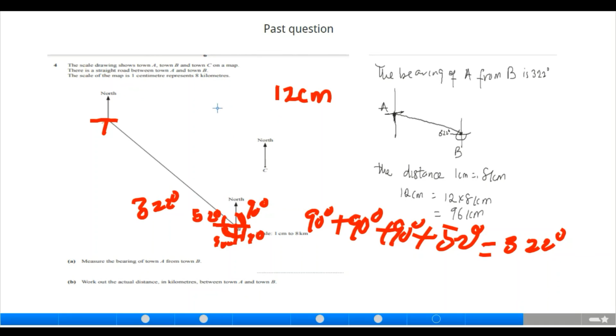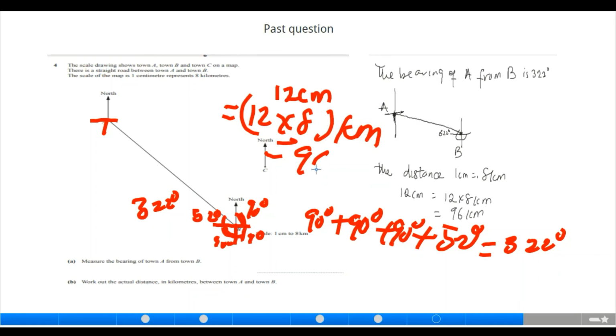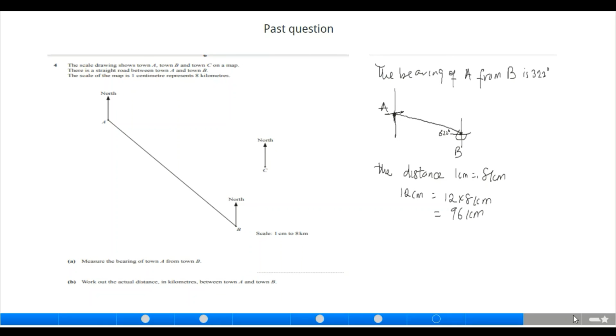So for us to get the actual distance, it's going to be 12 multiplied by 8, reading in kilometers, and that will give us 96 kilometers. So the actual distance of this movement from town A to B is 96 kilometers. Remember that we have an estimated value.